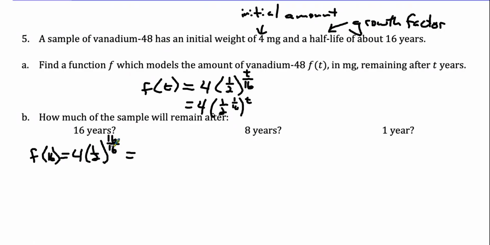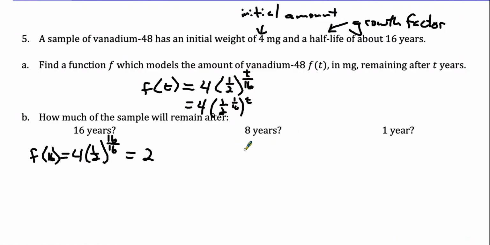So this is 1/2 to the first power, which is just 1/2. 4 times 1/2 is 2. And that hopefully makes sense in the context of this problem. 16 years would be 1 full half-life of this element. So after 16 years, we should have half of what we started with. Half of 4 is 2.